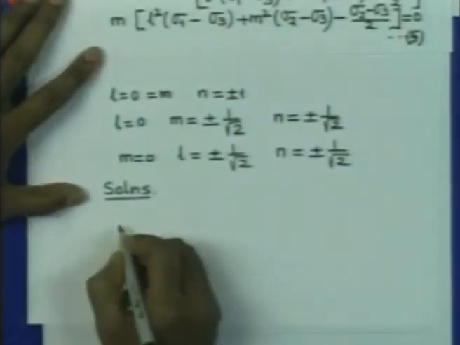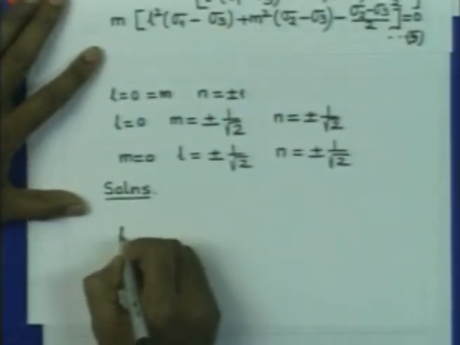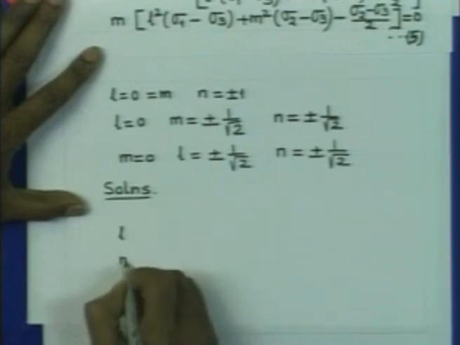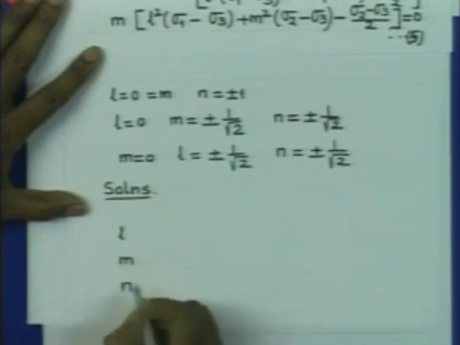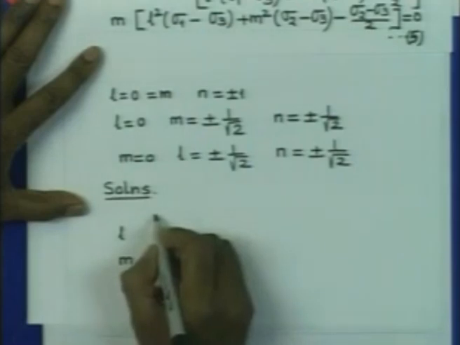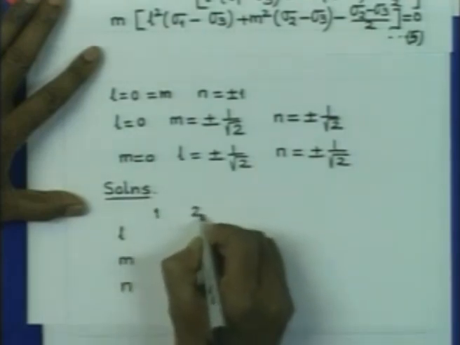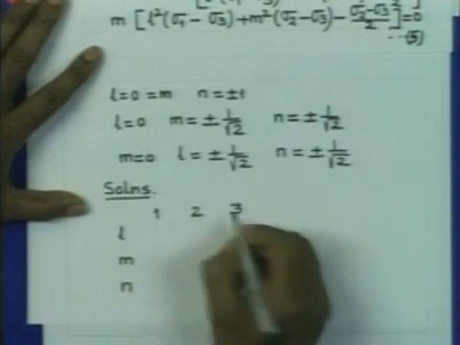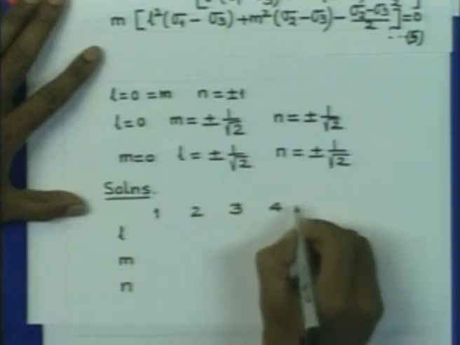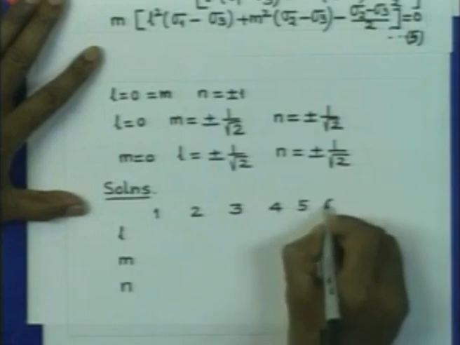so if we write now L, M and N, then you can have 1, 2, 3, 4, 5, 6.